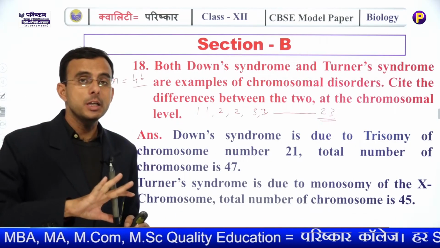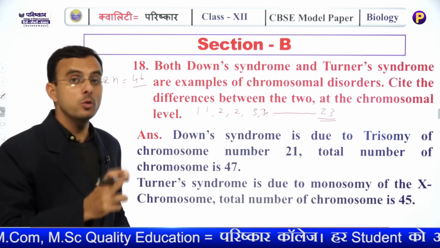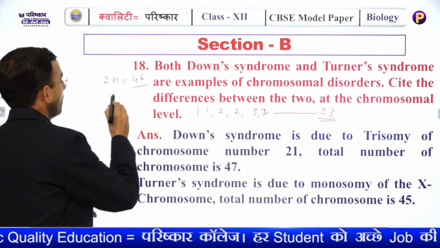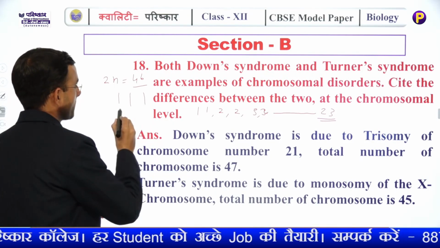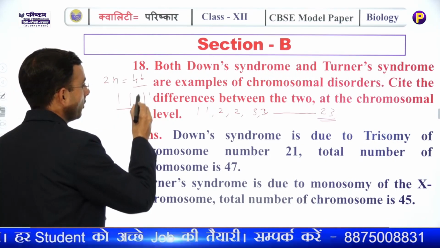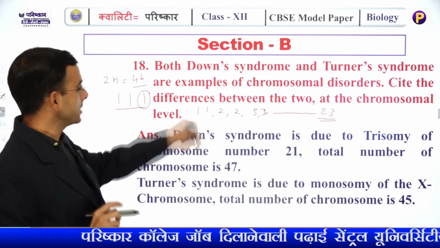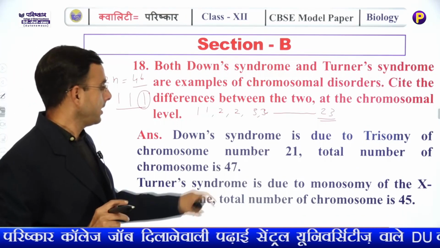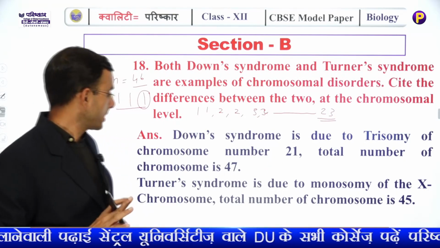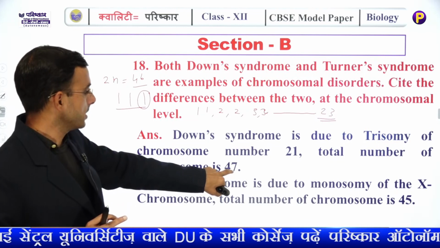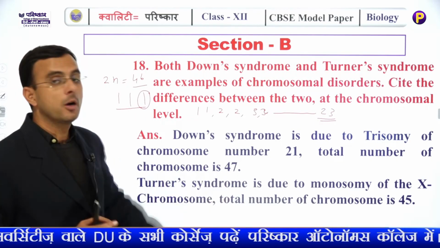Every chromosome is present in number 2. So if chromosome 21 is present in number 3, one more extra chromosome, that is known as trisomy, and because of this trisomy, the Down syndrome disorder is created. Because of this, the chromosome number becomes 47.